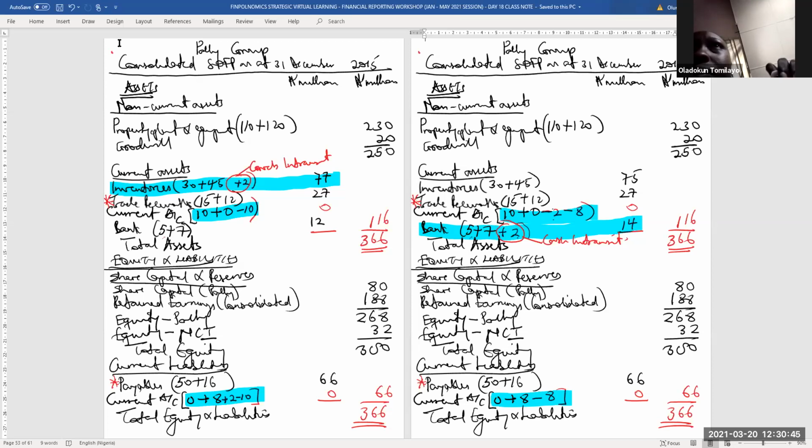Yes, when you have a trial balance, it's from the trial balance you prepare the financial statements. Therefore, you can consolidate with a trial balance. You can even, in practice, consolidate at trial balance level.